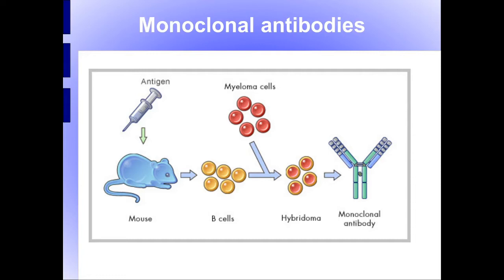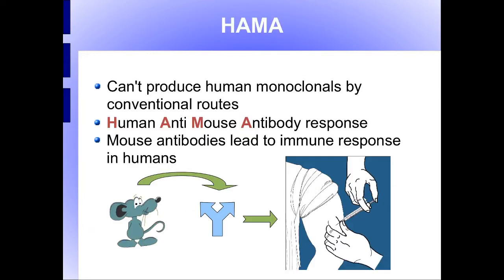You fuse those B cells with myeloma cells to produce so-called hybridomas, which are then immortal and go on producing the antibody of interest. However, we can't do this with human monoclonals. We can't produce human antibodies in the same way that we can produce mouse antibodies.